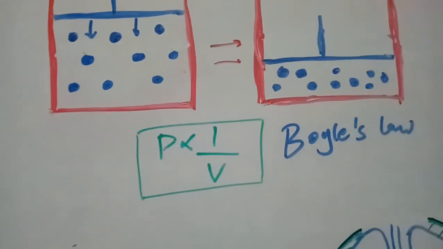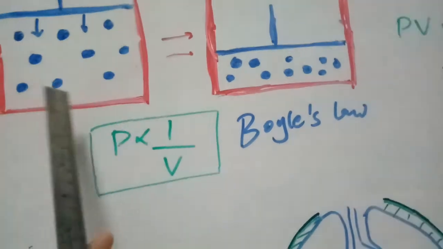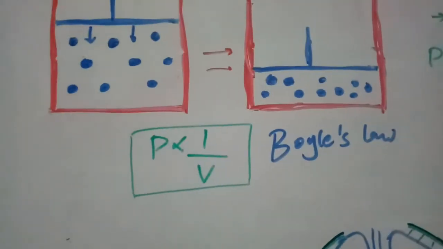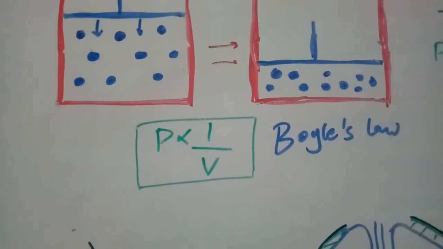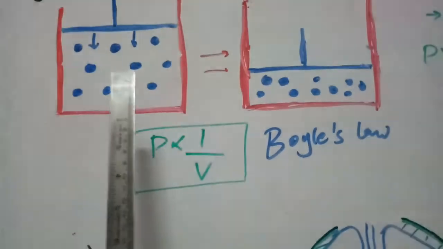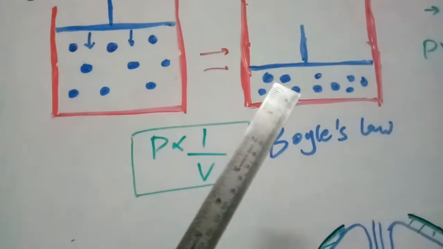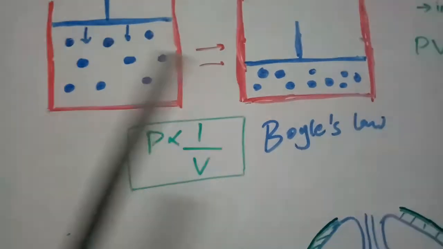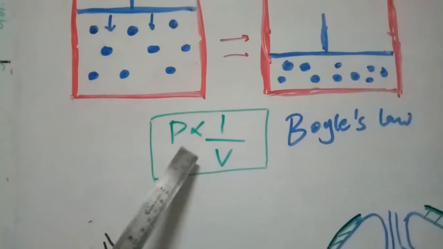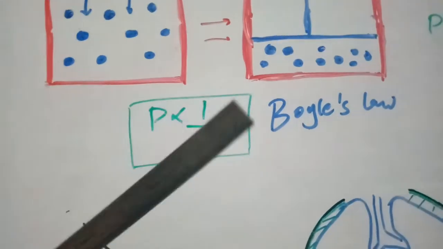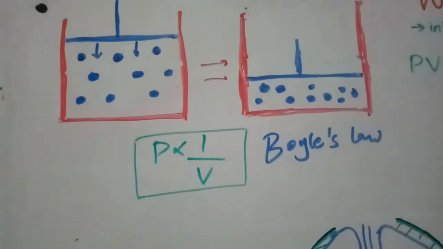The molecules will be the same, and now the space occupied by the same amount of gas is less, and hence the pressure will be more. So when the volume decreases, the pressure increases. Simply, Boyle's law is that pressure is inversely proportional to volume, only that the temperature and the mass of the gas are constant.